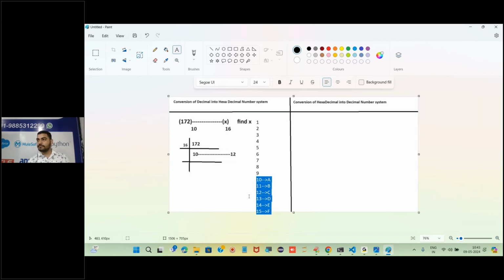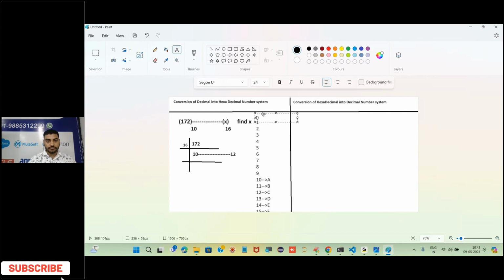Are you getting it? Okay, I forgot to write 0. So 0, 1, 2, 3, 4, 5, 6, 7, 8, 9. Up to 9 it is as it is. But for 10 in hexadecimal values, what are we taking?